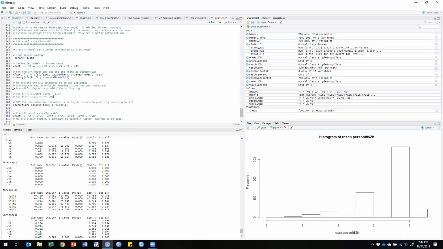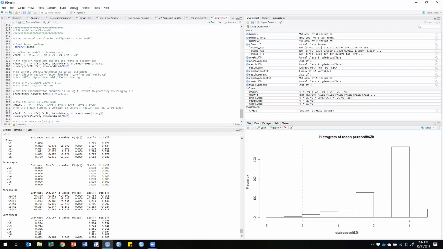And then here are conversion estimates to convert the CFA factor loadings and threshold parameters into item discrimination and item difficulty parameters. The one thing is the IRT discrimination parameters are in logits, and we can convert it to a probit, or a normal ogive, which is what the CFA is reporting.